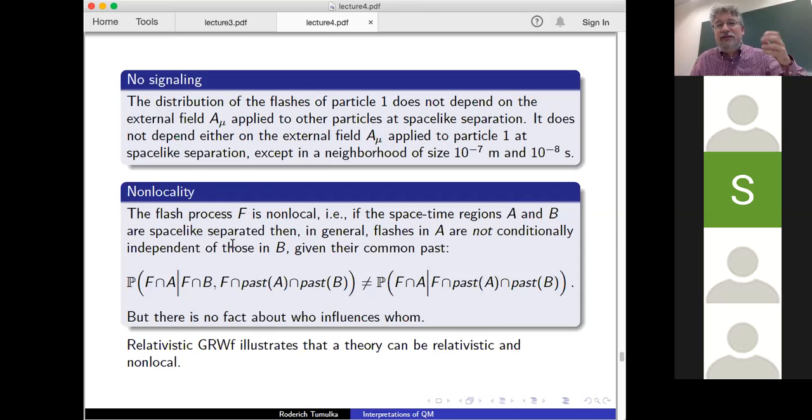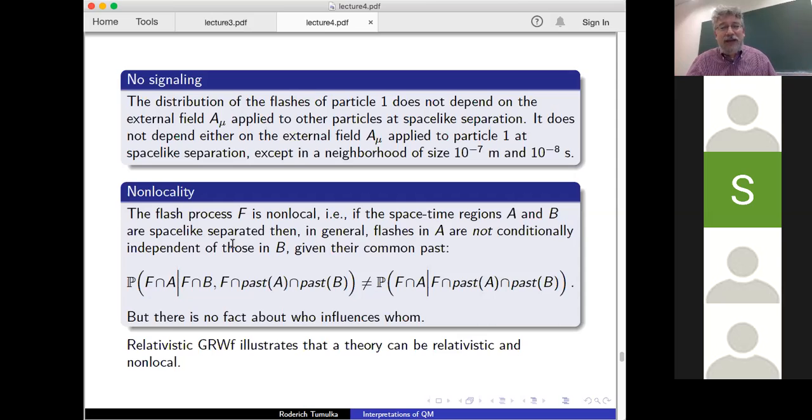As soon as you know something about the random choice over here, that gives you information about the random choice over there. But nature doesn't have to make a choice about which one came first. Nature can just say, okay, I choose these two things in a correlated way.